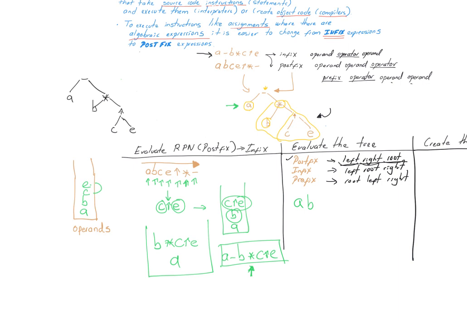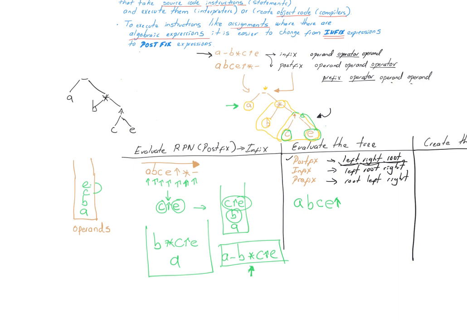So to evaluate this subtree, I need to evaluate first C, because that's my left. And then I evaluate the right. And the right now is E, so I can evaluate E. Since I have already solved both left and right, now I go to the root, and that means I use this symbol.